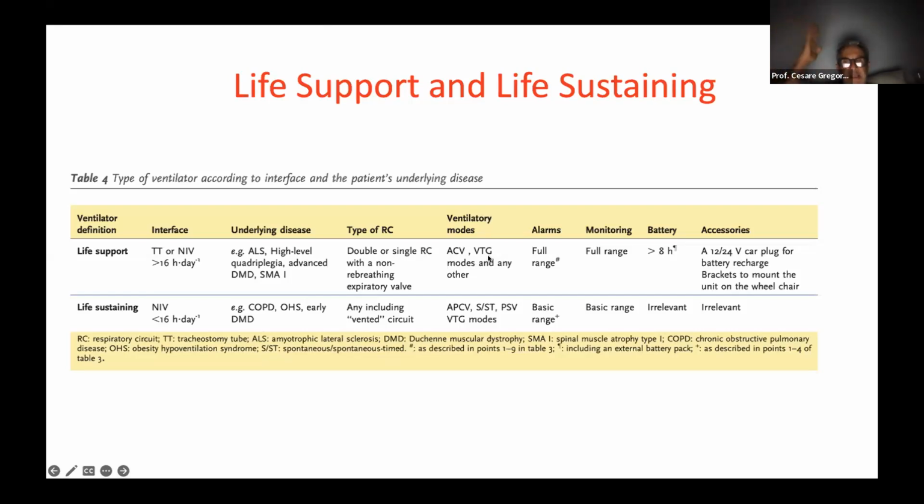Volume control is a life sustaining mode in a life support system, but we also have to have a ventilator equipped with a full range of alarms, a capability of accessories, including battery, including a plug system to have more than a 12-hour battery supply in case of loss of power.